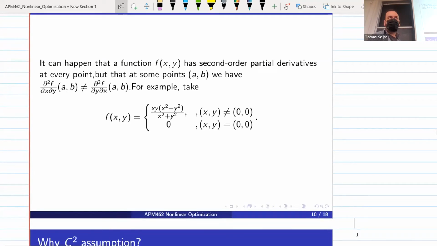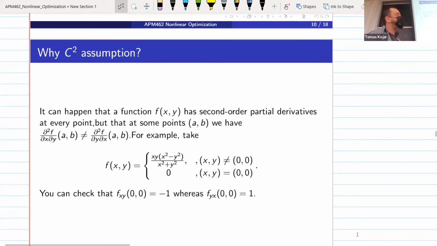But if you compute xy at 0 and yx at 0, you get -1 and 1. So the partials do not swap. Your Hessian is not symmetric. Optimization doesn't work with this, okay? So that's why throughout the course, we will always assume C2.